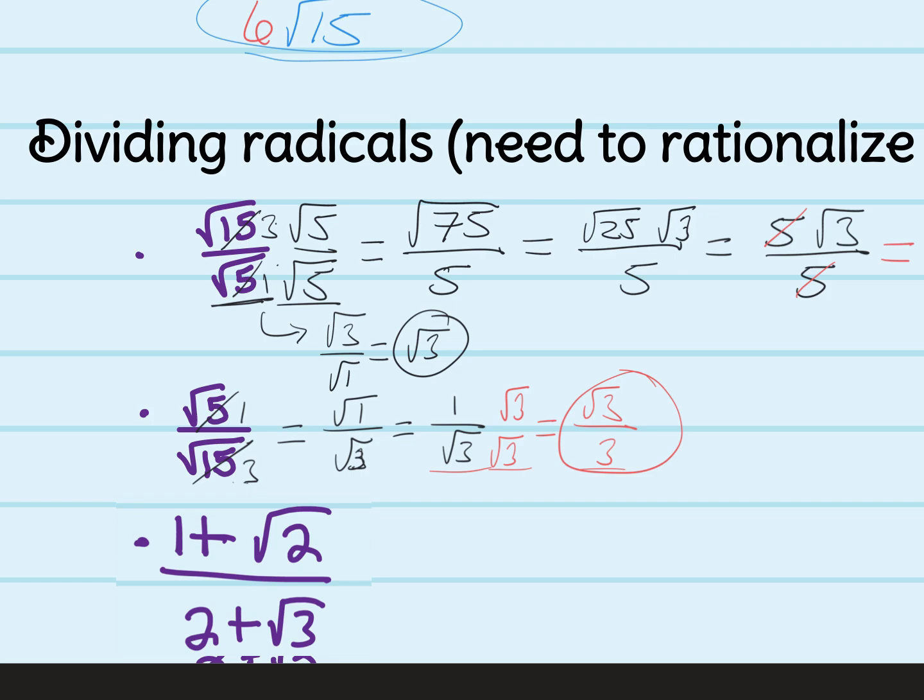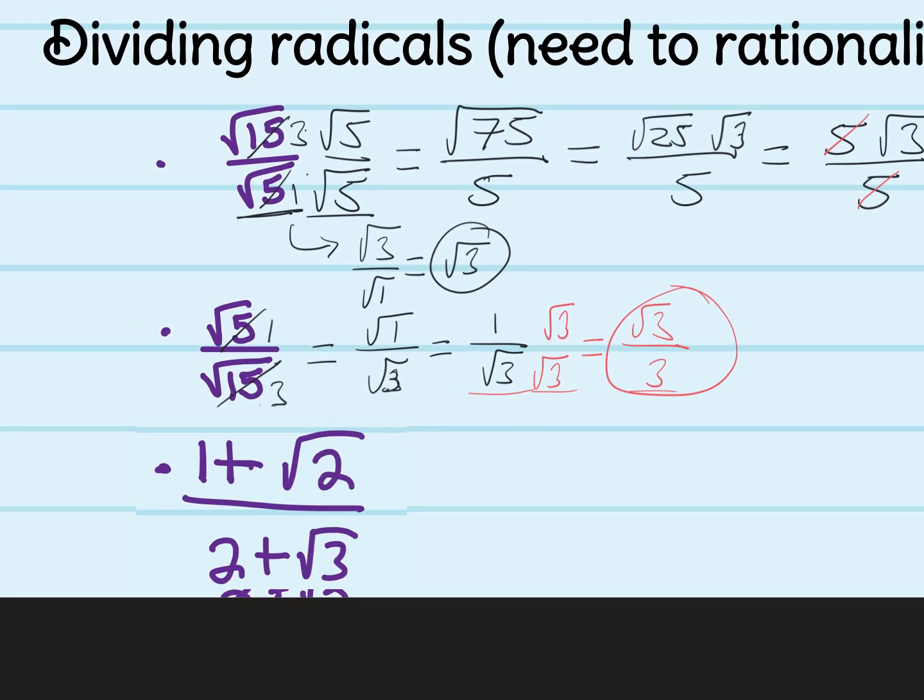All right, and so this last example is very important. Not always are you going to get just a single radical in the denominator. You might see a radical with a whole number, so 2 plus square root of 3.